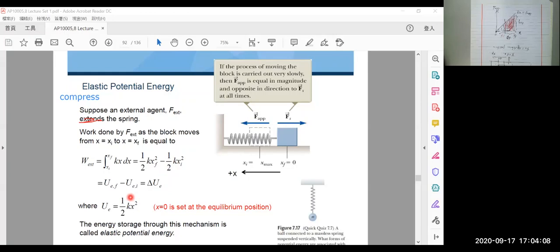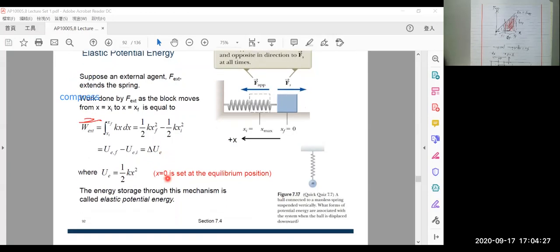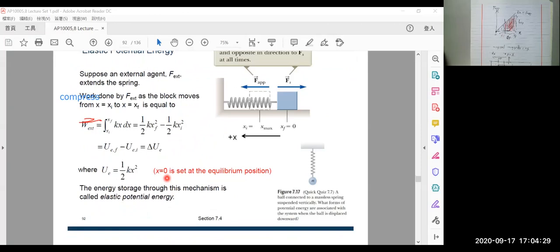In general, the elastic potential energy at a location x, measured from the equilibrium position, is equal to 1/2 kx squared. So that is the idea. And this is the calculation for the elastic potential energy.